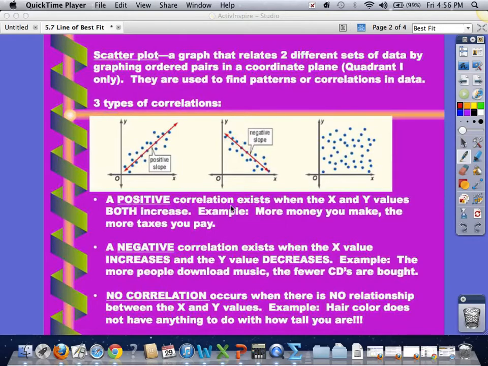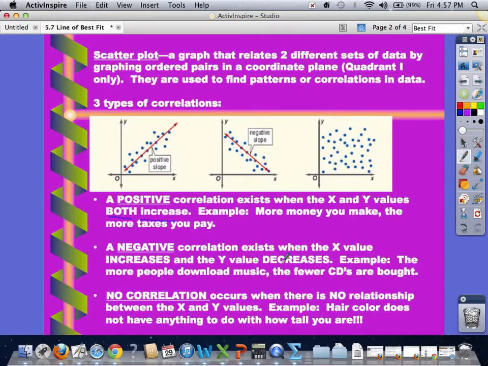Positive correlation exists when the x and y values both increase. An example would be like the more money you make, the more taxes that you pay. Both of them go up, both of them increase. A negative correlation exists when the x value increases and the y value decreases.